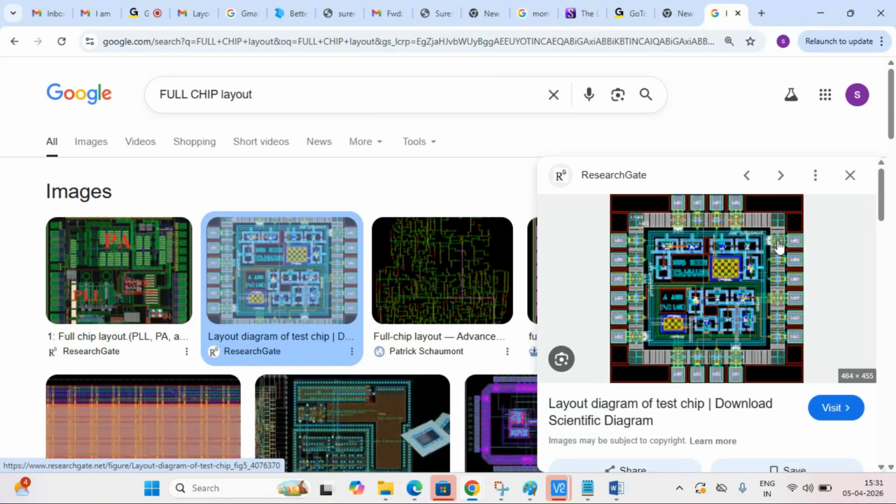AI applications are also in mobile phones, where you use Qualcomm Snapdragon or MediaTek. These are chip applications.